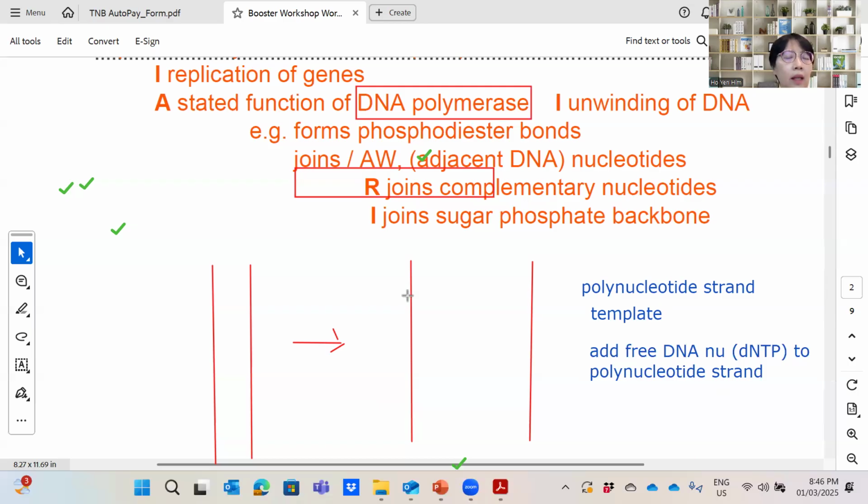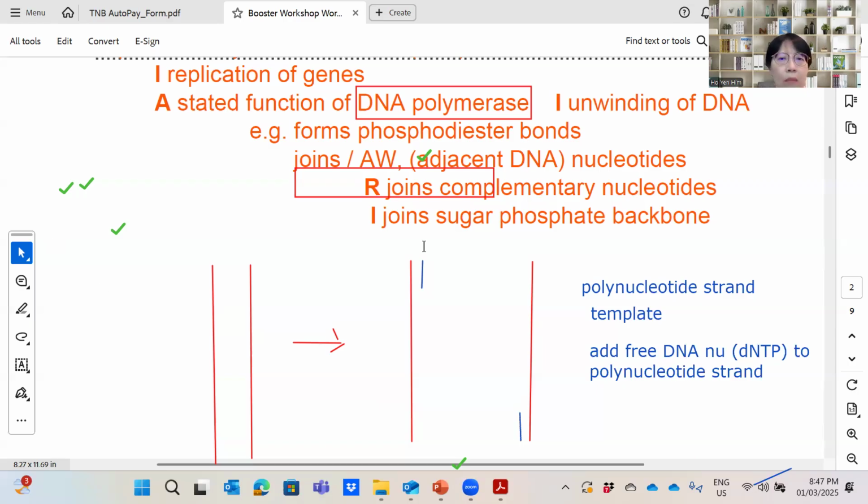When the DNA template is formed already, because the hydrogen bonds between the 2 strands broke, first thing is that there's another enzyme that will add a very short strand of polynucleotide on both the templates.